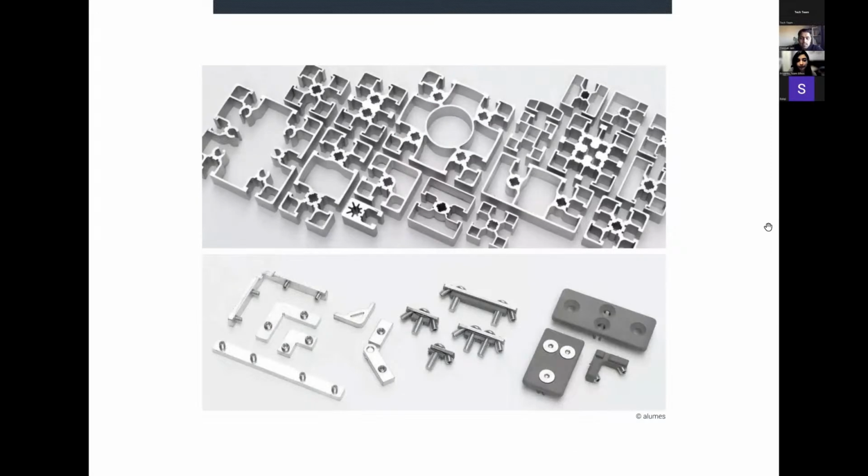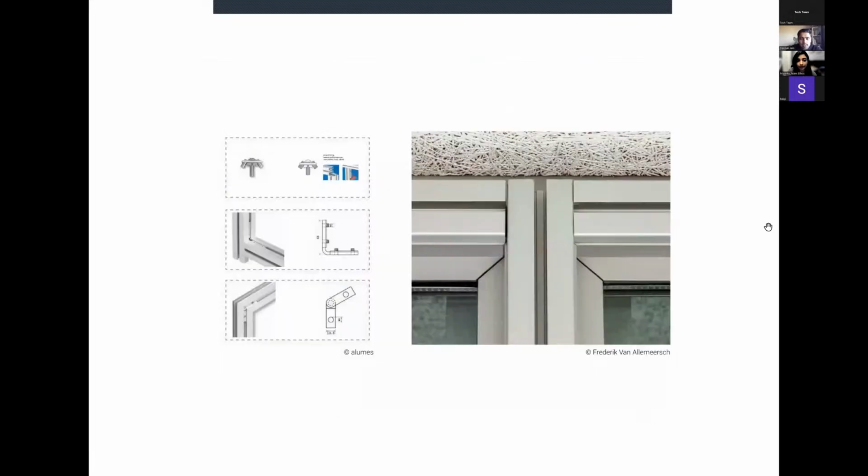So all these aluminum connect profiles were made with very low tech connections, so that there was a possible scenario if they want to disassemble in the future. We worked closely with Alumis to find a system where you can dismantle easily in the future as well.